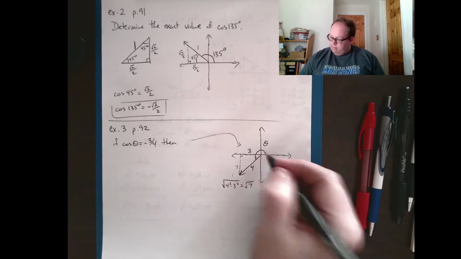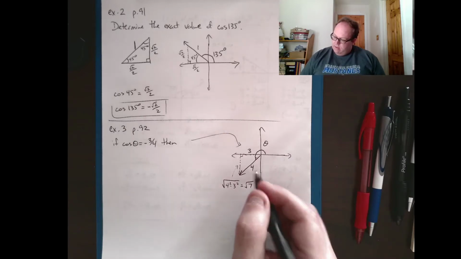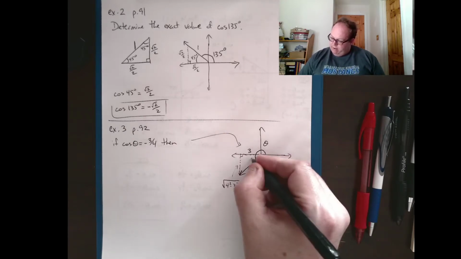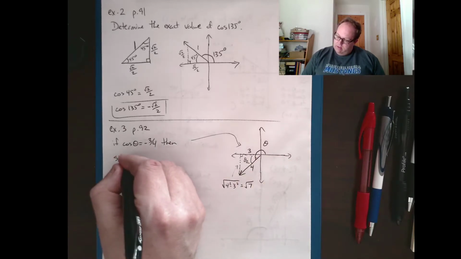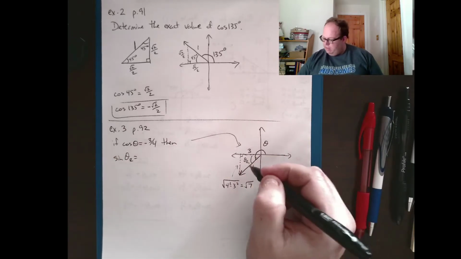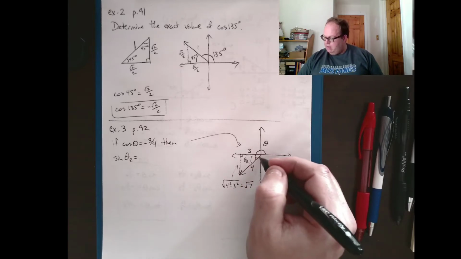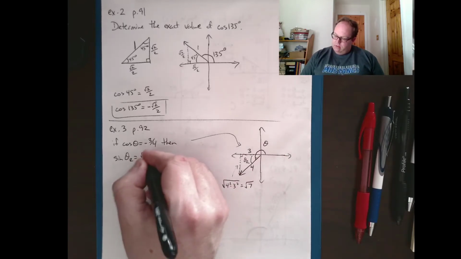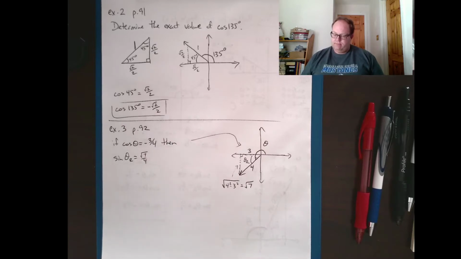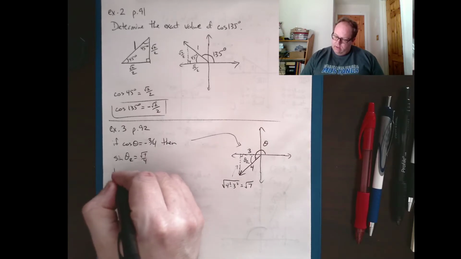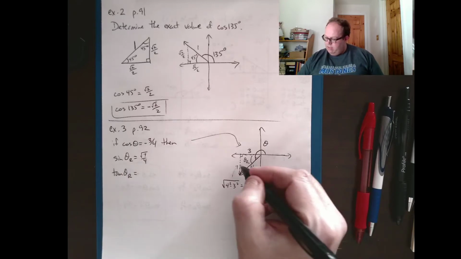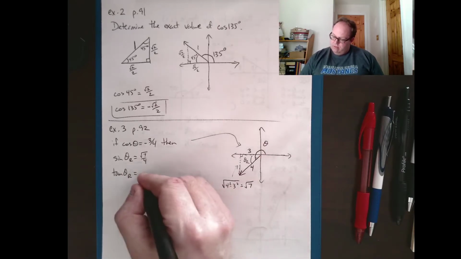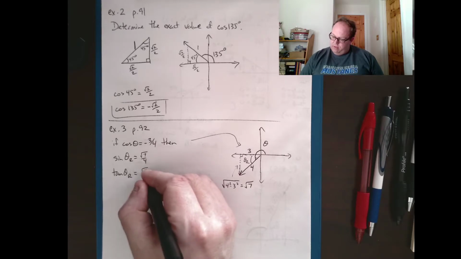So, now I can think about this triangle and my reference angle theta r. The sine of theta r would be the opposite side over the hypotenuse, or root 7/4. And the tangent of my reference angle would be the opposite over the adjacent, or root 7/3.